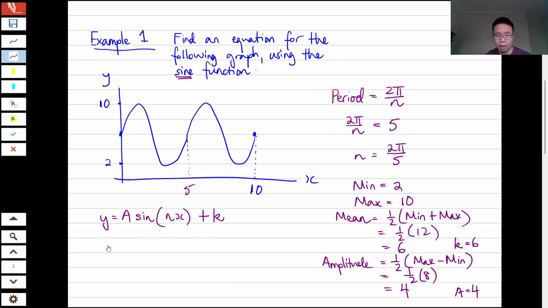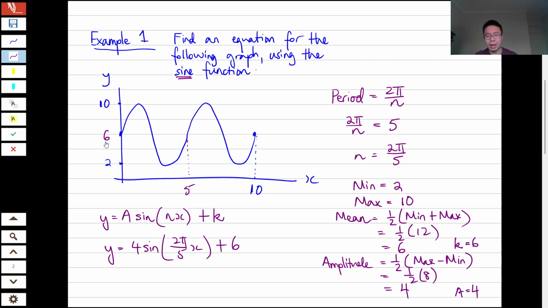And so hence, the equation of this graph is 4 times sine 2 pi on 5 times x plus 6. You can see that if you take the time to write down the period and the amplitude, this becomes quite straightforward. And of course, 6 is halfway between 2 and 10.